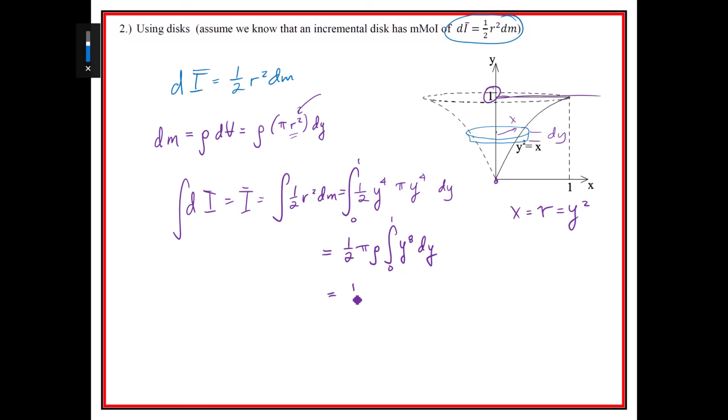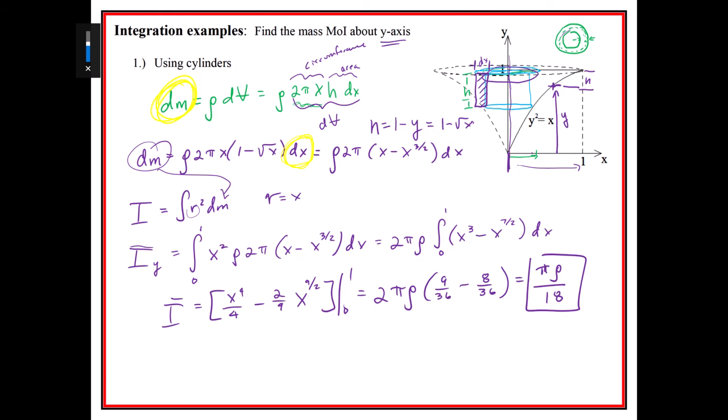We end up with 1/2 pi rho times 1/9 y to the 9, from 0 to 1. We play around there, and we get pi rho divided by 18, which is the same answer that we got up above.